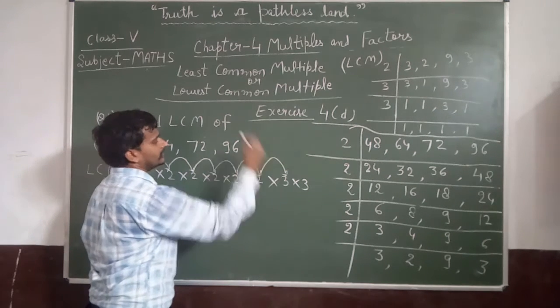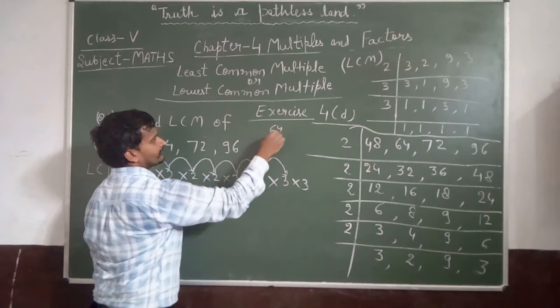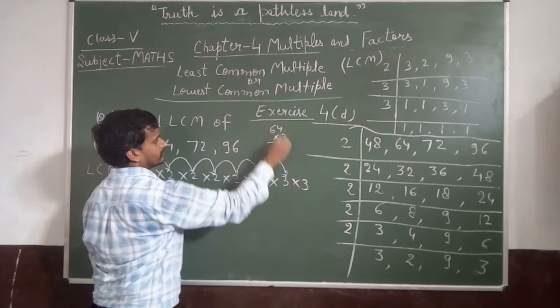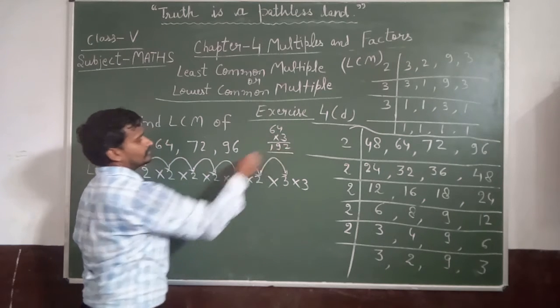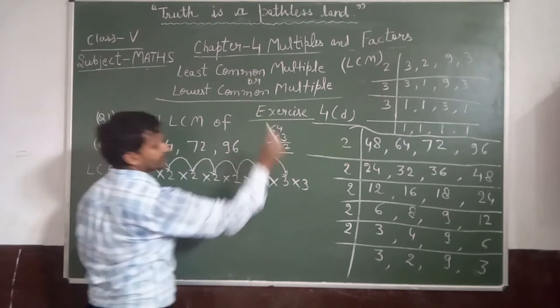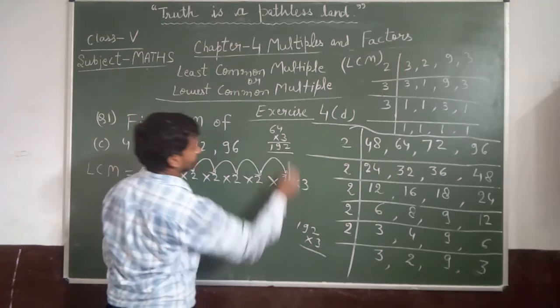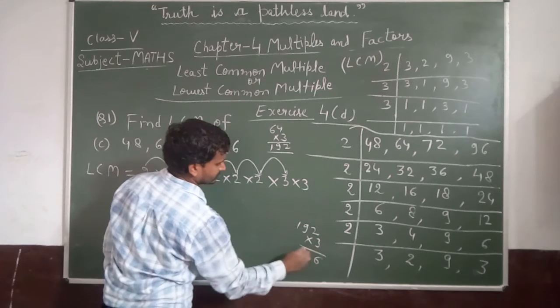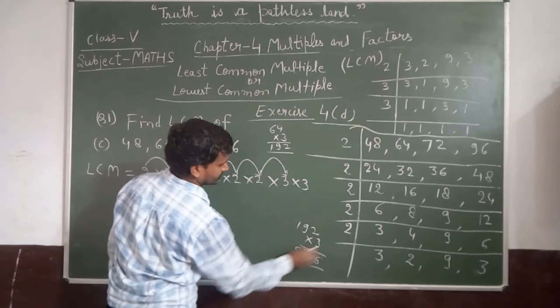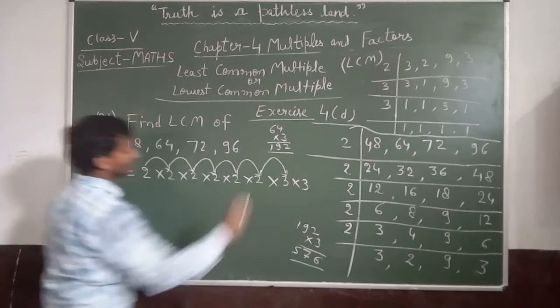64 multiplied by 3, 192, and 192 multiplied by 3, 576.